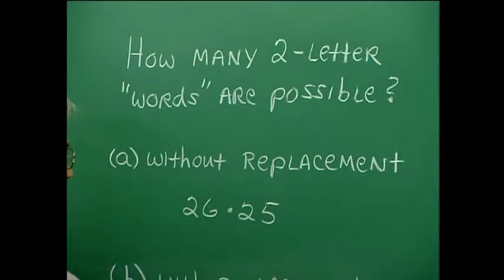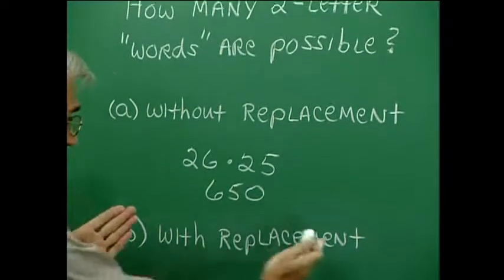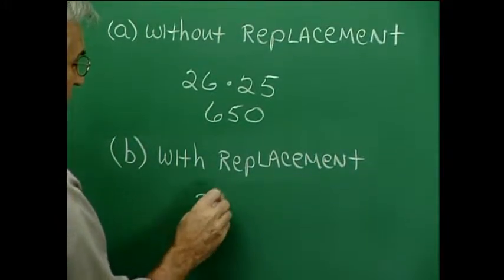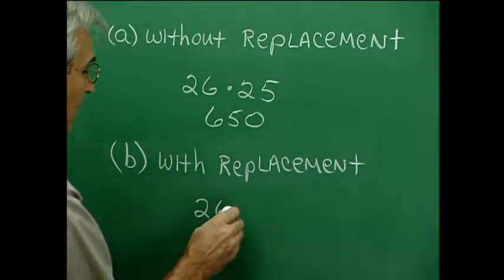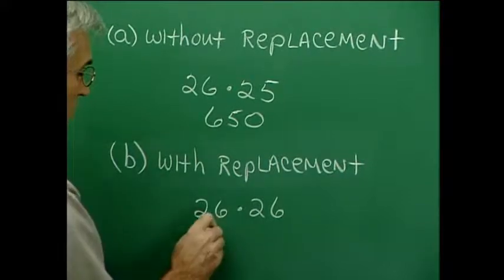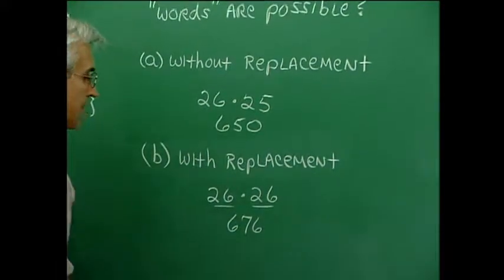So 26 times 25 would be 650. Now, with replacement, it's a somewhat different problem, but very similar. We have 26 choices for the first item, and then since we're replacing that first letter, we have 26 choices for the second letter as well. So 26 times 26, or 676.